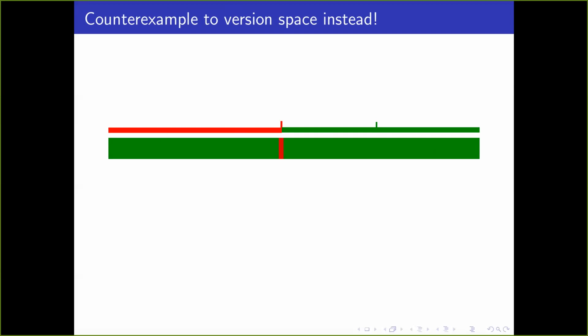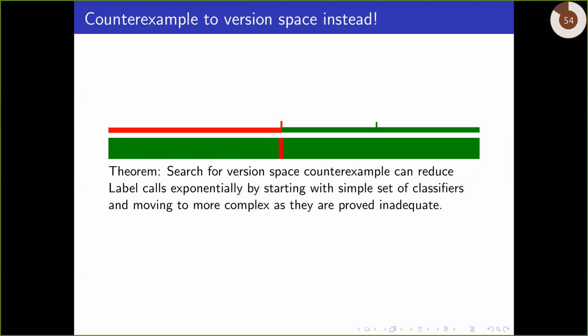So once you have a counterexample to the set of classifiers that you're working with, you can boot up to the next more complex set of classifiers. And if you do this right, it turns out that this actually works. So if you search for a version space counterexample, a counterexample to all of the plausible choices that you currently have or are considering for active learning, then that can reduce the number of labels required exponentially.